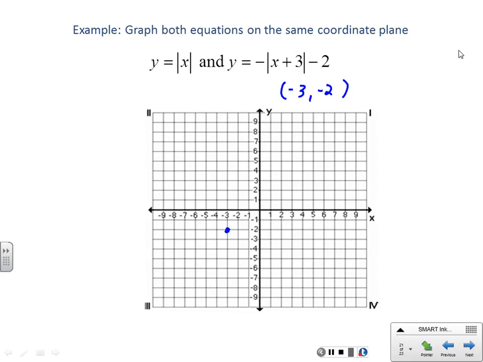And since it's going to go down, we know that it's going to look like this. And you can plug in ordered pairs if you want to. So if you see a negative sign in front of your basic curves, it's going to flip it, or make a mirror image of it, across the x-axis. Okay? So we're going to flip it across the x-axis.